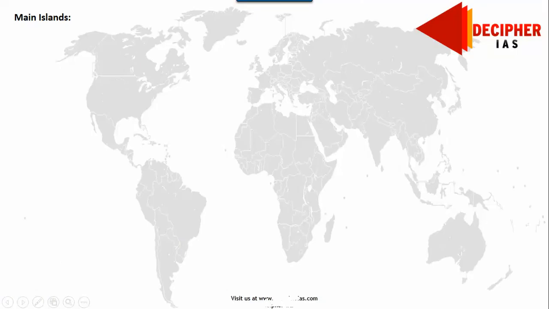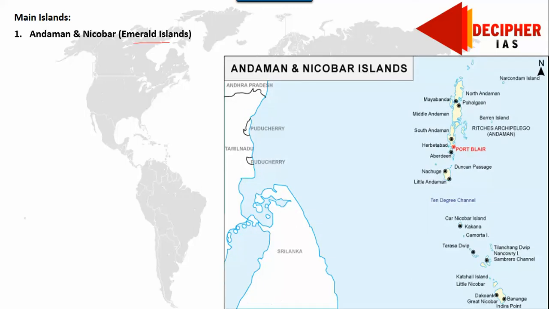The main islands are the Andaman and Nicobar Islands, which are also called the Emerald Islands. As you can see, they are situated off the eastern coast, away from Tamil Nadu, and we have North Andaman, Middle Andaman, South Andaman, and remember the Little Andaman, which lies after South Andaman.